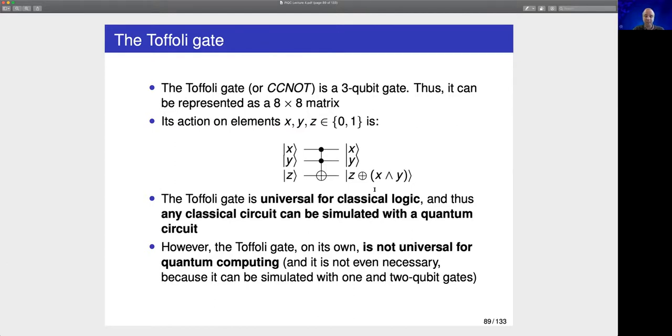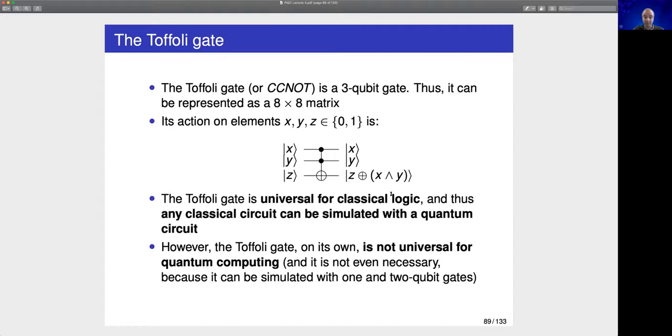Well, it's very easy to see because notice that what we are computing here, if we set this bit to 1, is the NAND, the negation of the AND of X and Y. If I set this to 1, we can compute the NAND of X and Y. And we know that in classical logic, NAND is a universal gate.